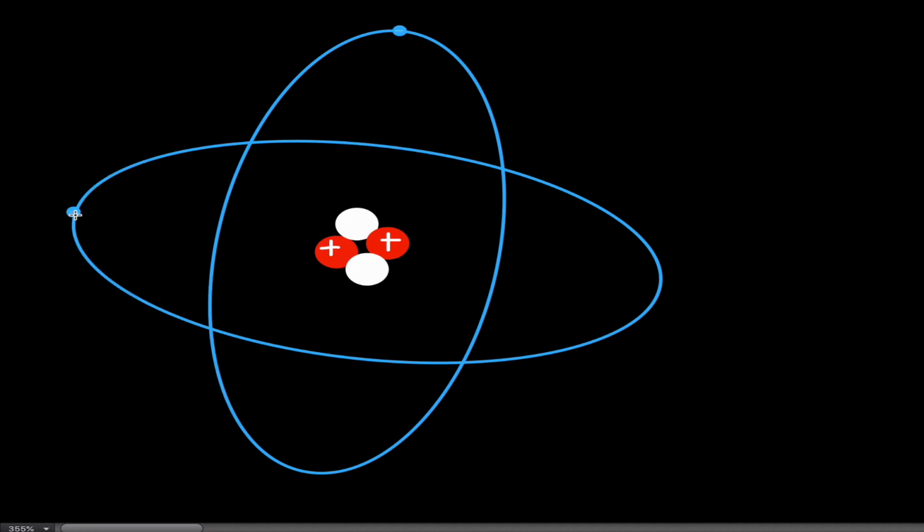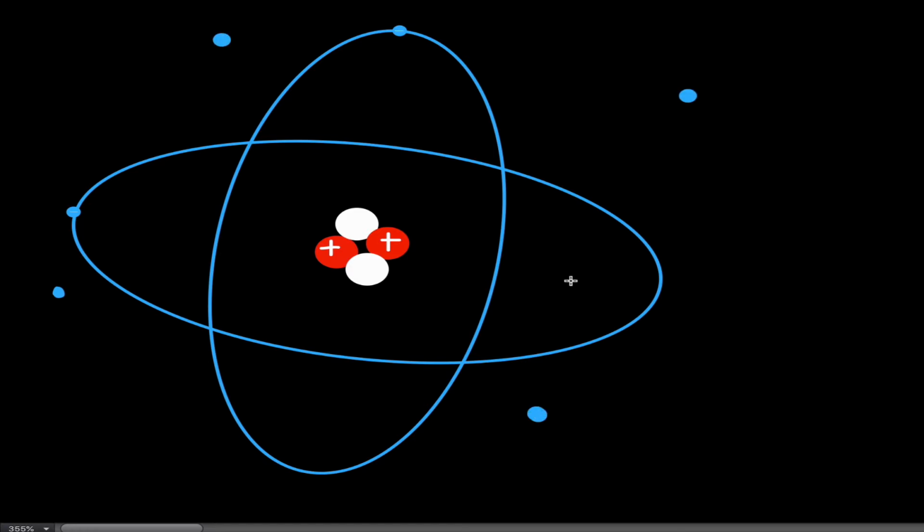So the model was wrong because electrons don't really orbit the nucleus. An electron could be there, but it also could be here, or here, or here.